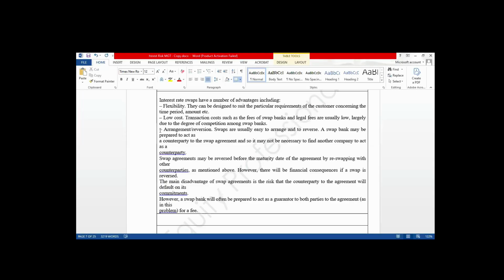So the fees charged on a swap are relatively low compared to options on interest rates.